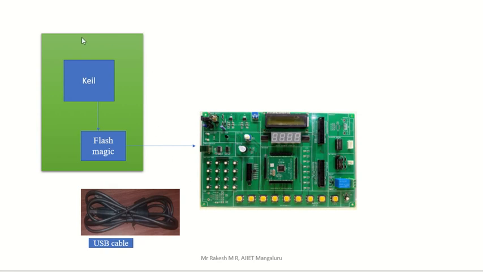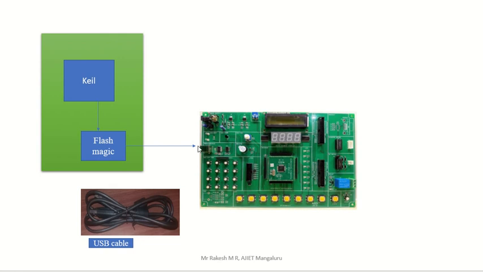In order to connect your computer with that LPC2148 hardware kit, we are using one cable, that is a USB cable. USB, universal serial bus. We are using USB between this computer and your kit, the LPC2148.